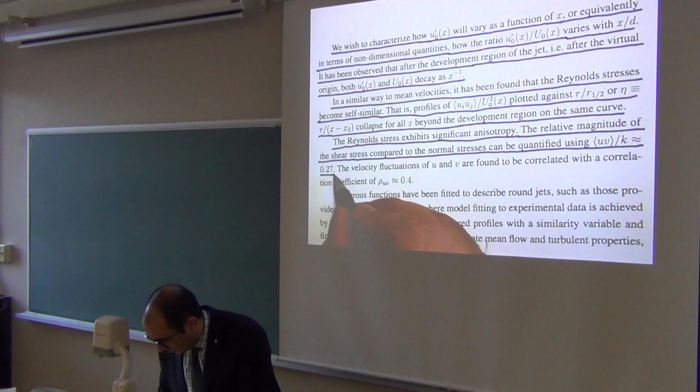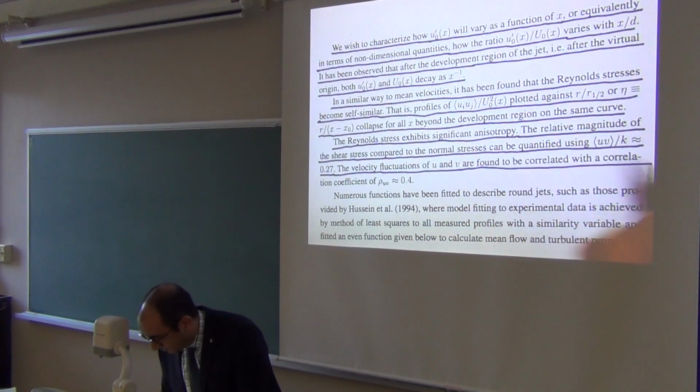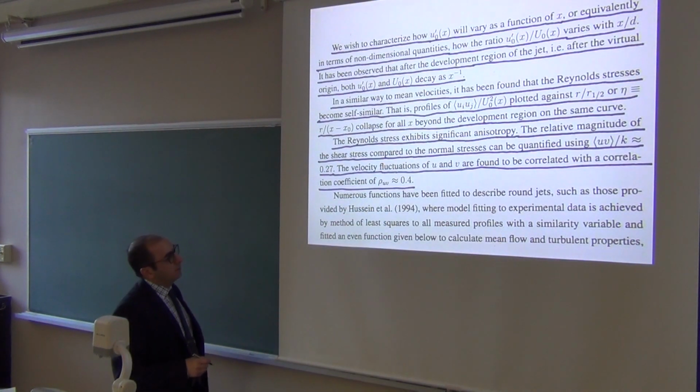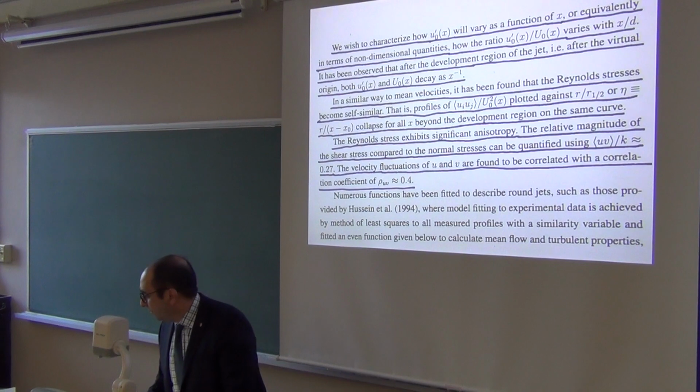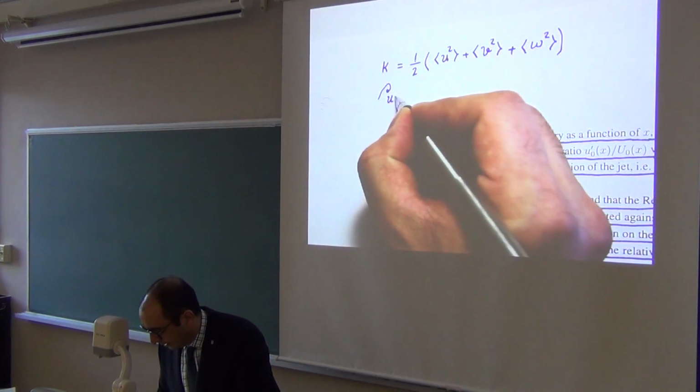The velocity fluctuations of u and v are also found to be correlated with a correlation coefficient of 0.4. So here I would like to again define what this symbol means. This is rho uv.